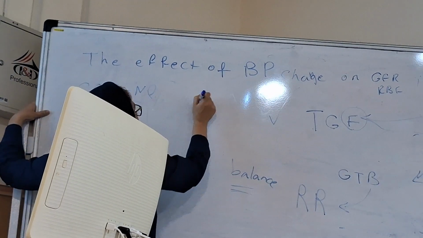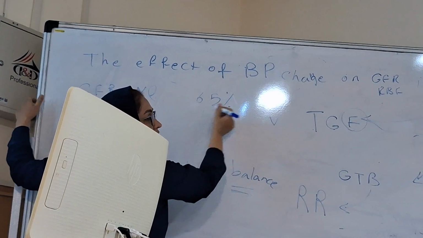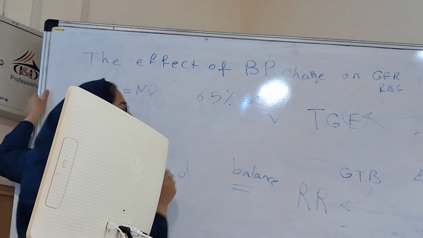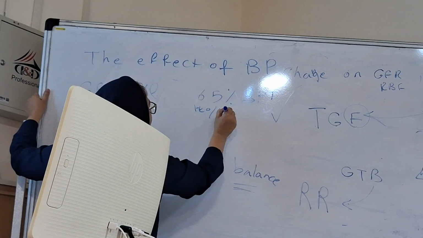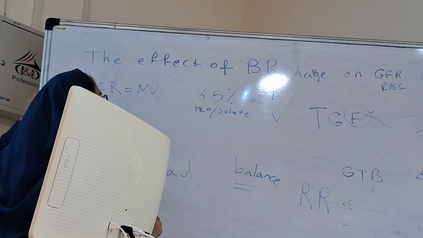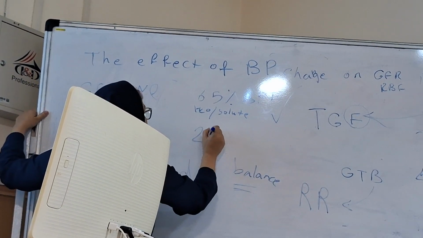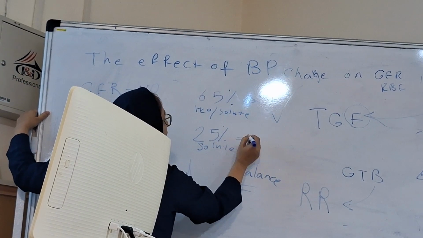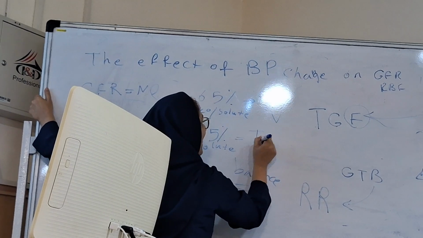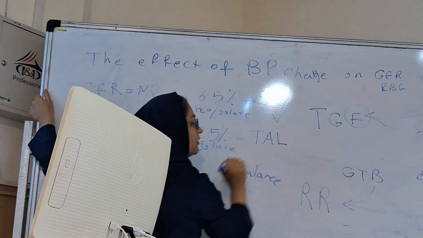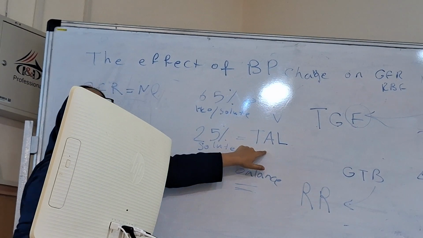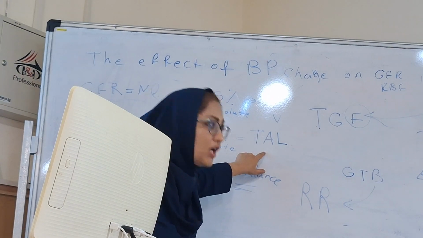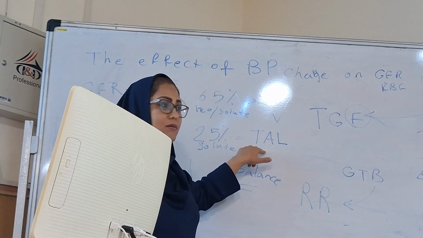We say 65% of water and solute are reabsorbed in the proximal tubule, water and solute together. 25% of just solute is reabsorbed in the thick ascending limb. This part is not permeable to water, even in the presence of ADH. Do you remember?